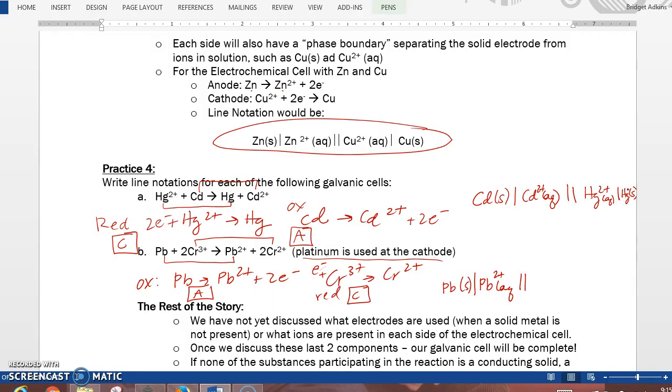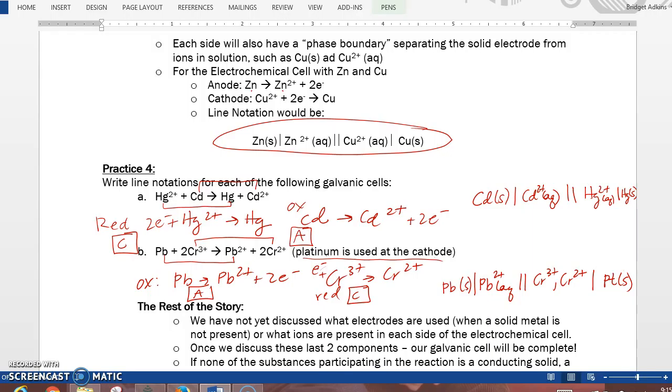We don't have the luxury of a solid in this one, so we'll say Cr3+ aq, I just don't have space, comma, Cr2+ aqueous, single line, and then there's your platinum electrode. So that's what you do if you need an inert electrode.